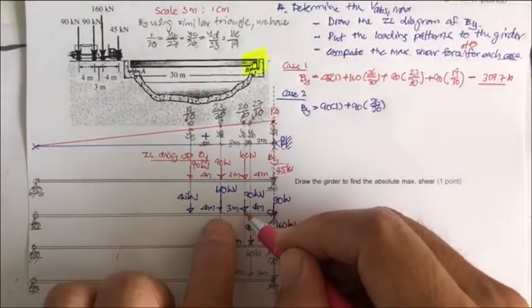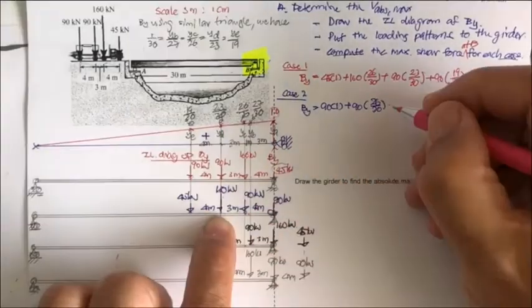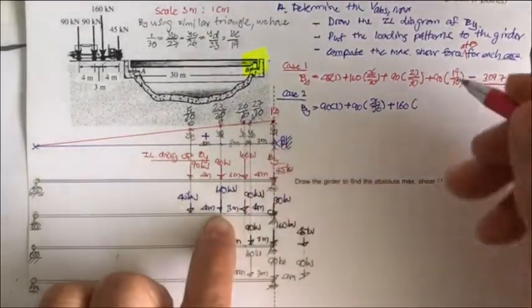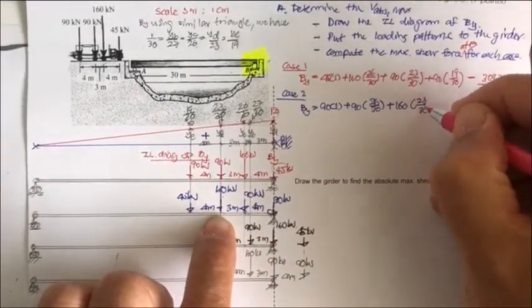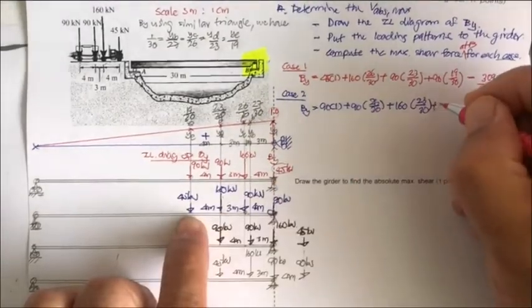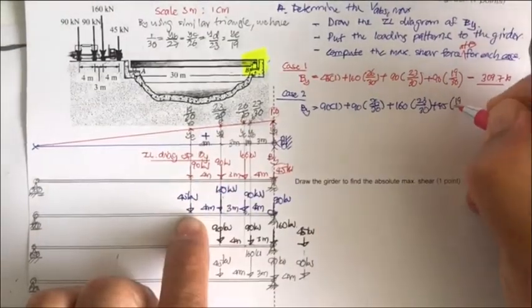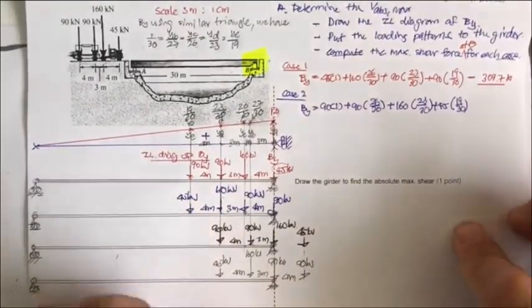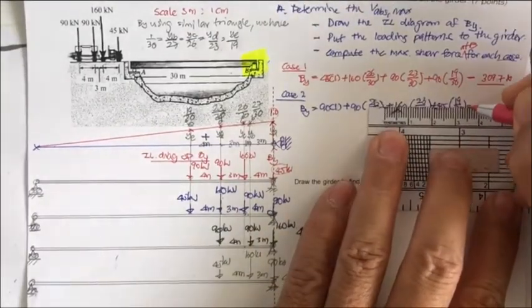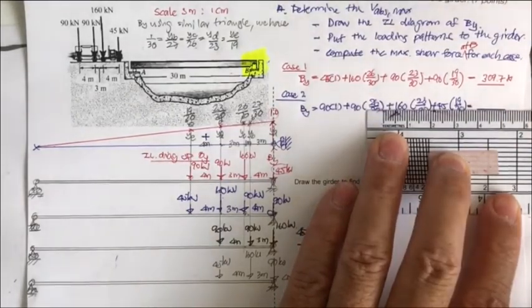And then we move another 3 meters, so this coordinate times 160, plus 160 times 23 over 30. And this one is 45, plus 45 times 19 divided by 30. And then you get the second case of maximum shear force at B.